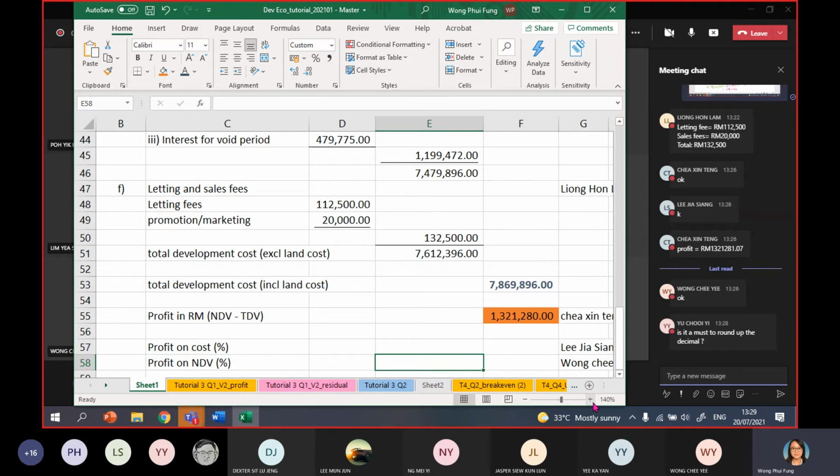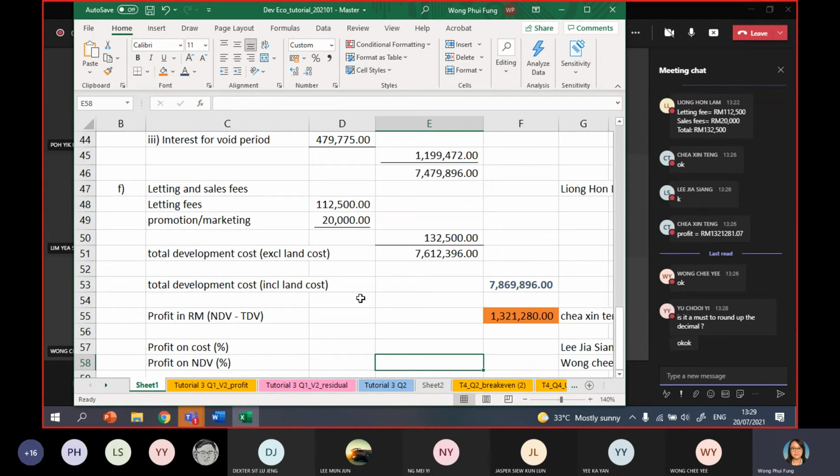Preferable is round up to 2 decimal places. You no need to follow me lah. You can round off to 2 decimal places. Because even if you follow me or you round off, the answer at the end won't differ very far.